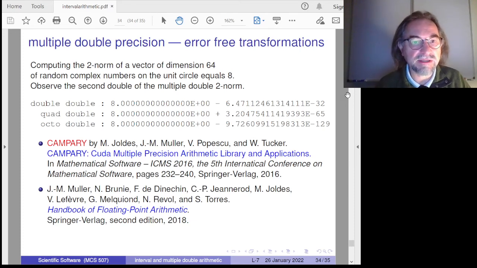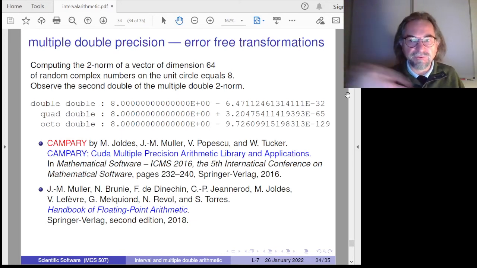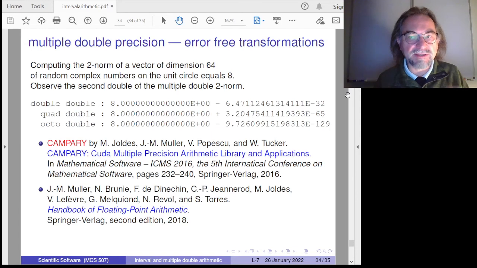As a test, if you take random complex numbers, randomly generated on the unit circle, you take 64 of them, and the 2 norm of these numbers, you have a freedom. If you take them on the complex unit circle, you can choose the angle of all of them at random, independently. But no matter how independently you choose them, the 2 norm equals 8.